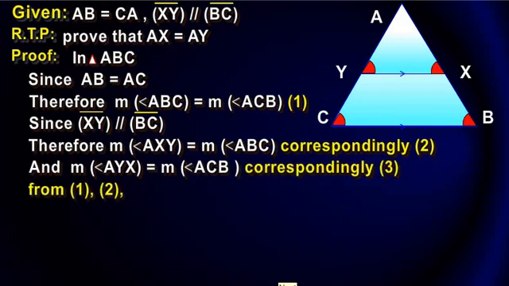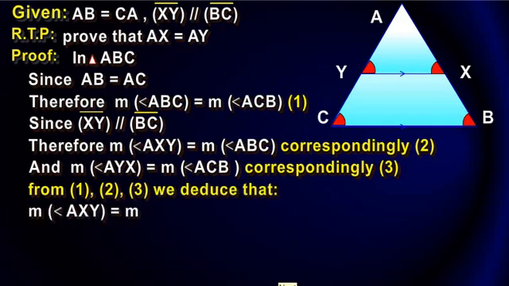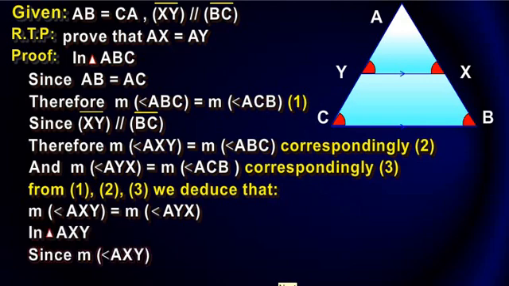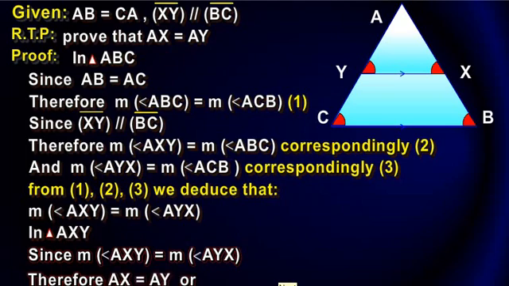From these results, we deduce that measure of angle AXY equals measure of angle AYX. In triangle AXY, since measure of angle AXY equals measure of angle AYX, therefore AX equals AY, or AXY is an isosceles triangle.